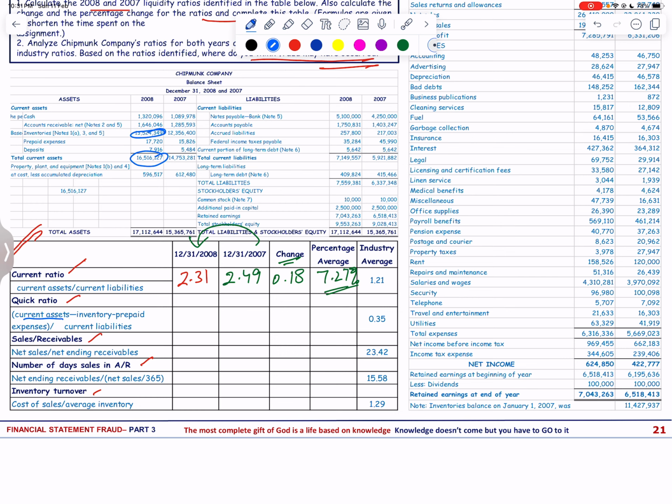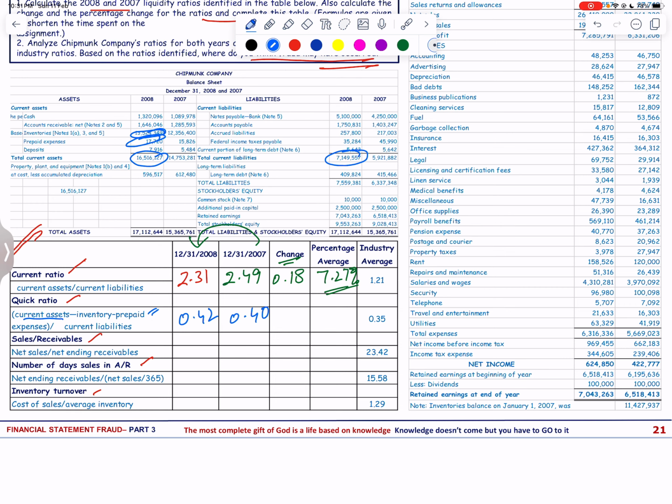And we are going to also subtract the prepaid expenses. And we will divide this by current liabilities. So current assets minus inventory minus prepaid expense divided by current liability will be 0.42, and we will use the same for the year 2007, and that is 0.40.